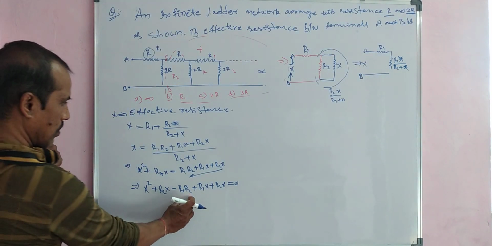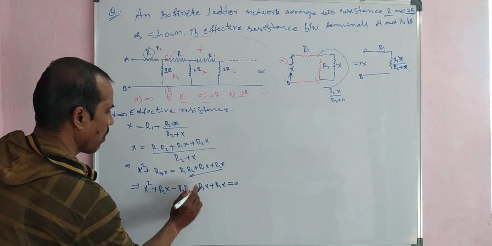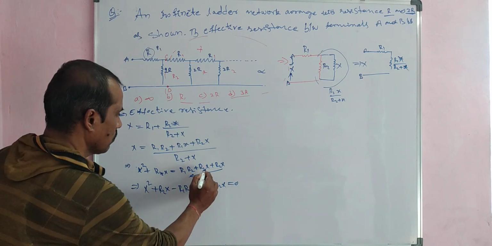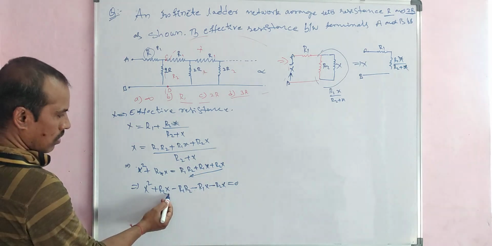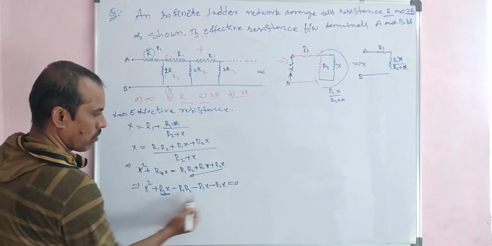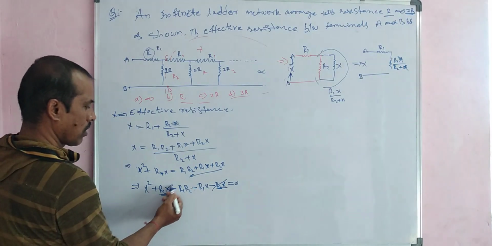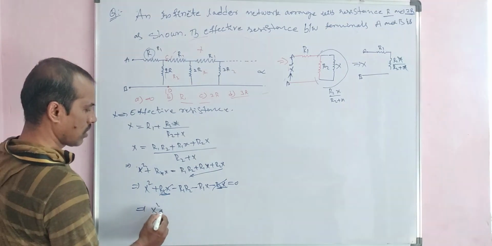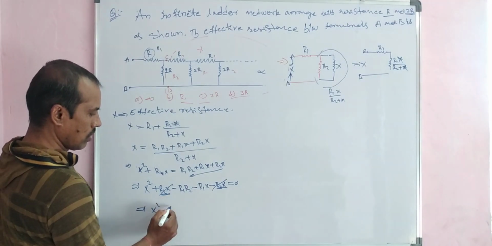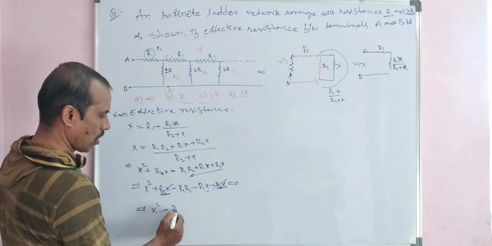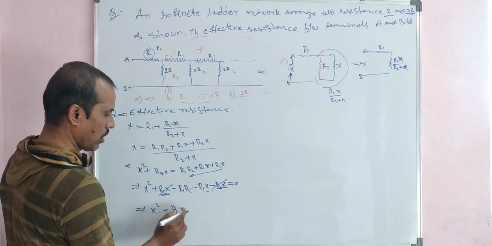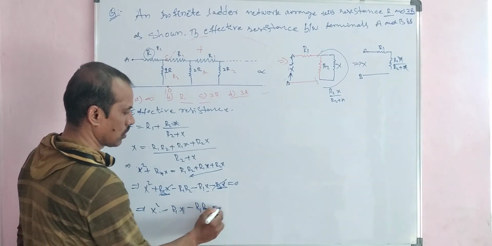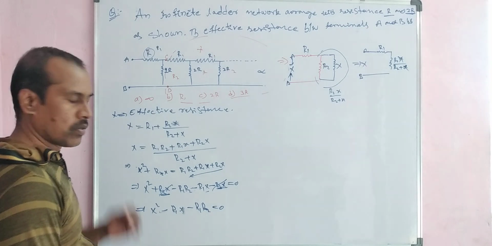R2X is positive and R2X is negative, so they cancel. Remaining: X square minus R1X minus R1R2 is equal to 0.